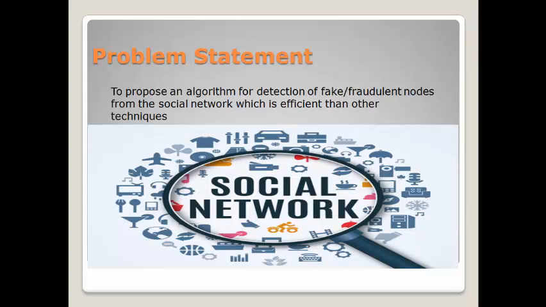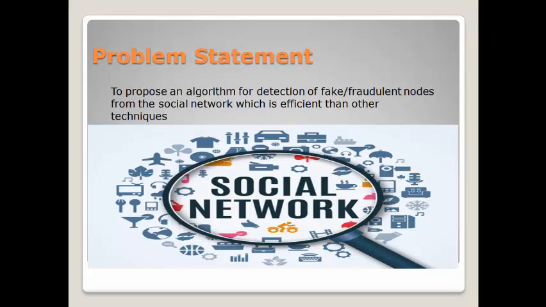As we researched, we found that in social network websites, certain fraudsters enter the network and behave like normal users. While behaving like normal users, they send spam and phishing attacks to other users.